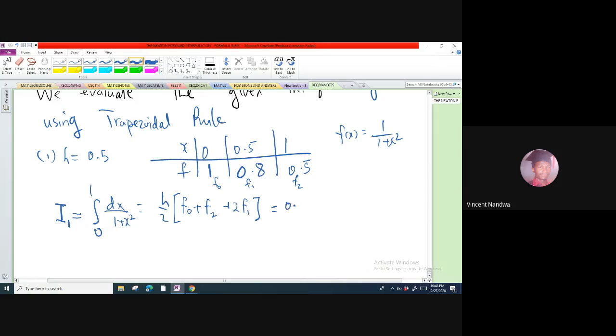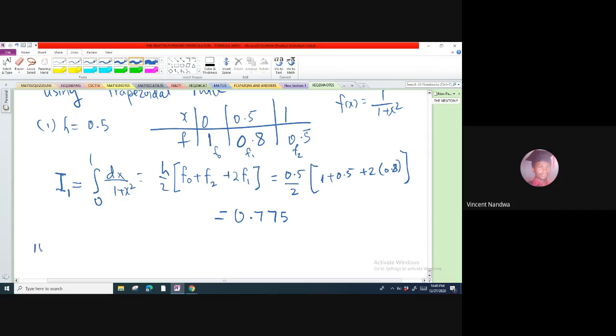Spacing will be 0.5 over 2 into 1 plus 0.5 plus 2 into 0.8. So that will give us 0.775.